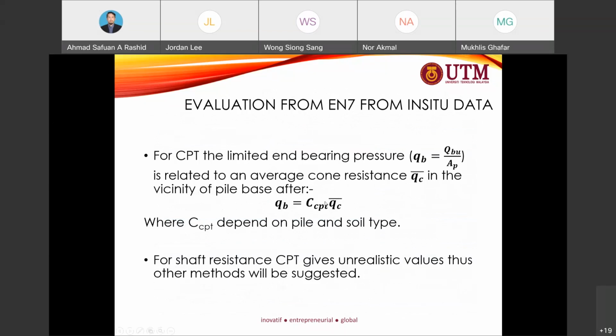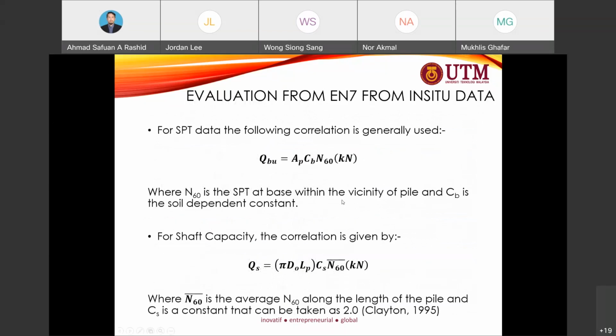Actually, for me it's easier to use the SPT value, because the result that we obtain at the site relies more on the SPT. So we can use this value to estimate the end bearing capacity and also the skin friction.